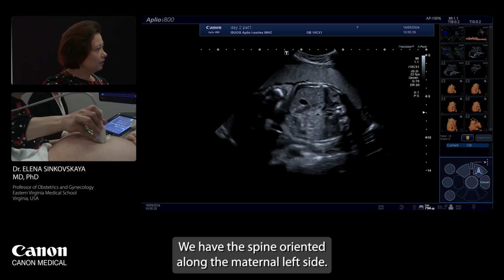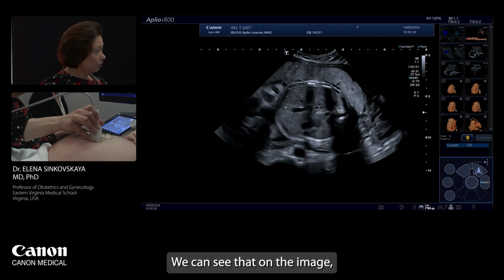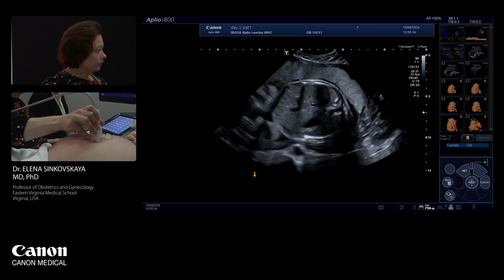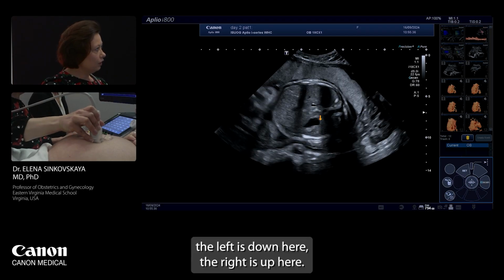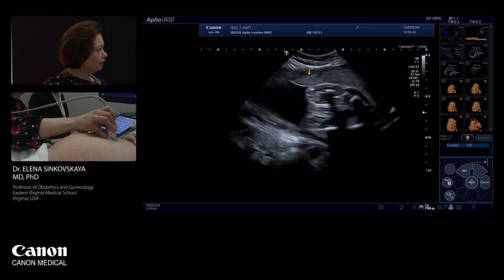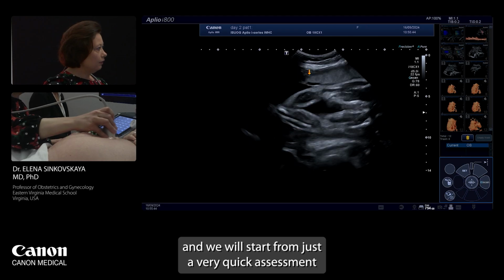We have the spine oriented along the maternal left side. We can see that on the image, the left is down here, the right is up here, and we can see the normal amniotic fluid.